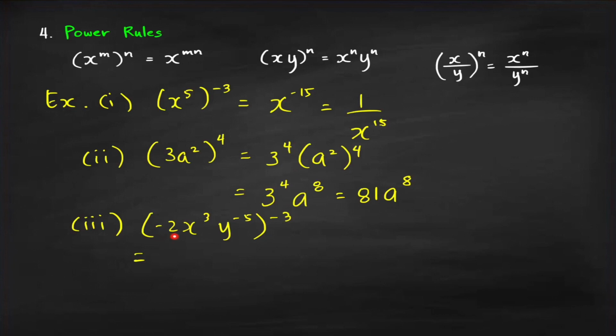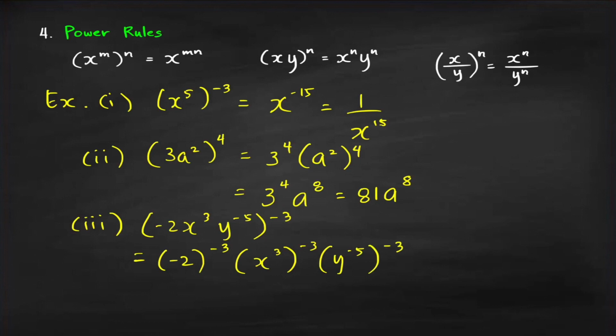The factors are negative 2, x cubed, and y raised to negative 5. So using this second power rule, we need to distribute the power negative 3 to each factor. So we'll get negative 2 raised to negative 3, and then x cubed raised to negative 3, y raised to negative 5 raised to negative 3.